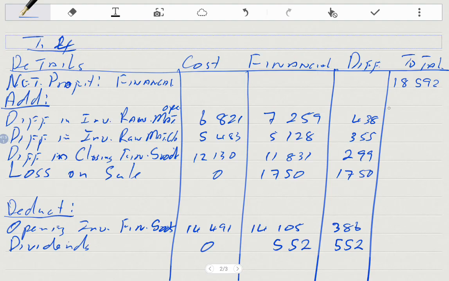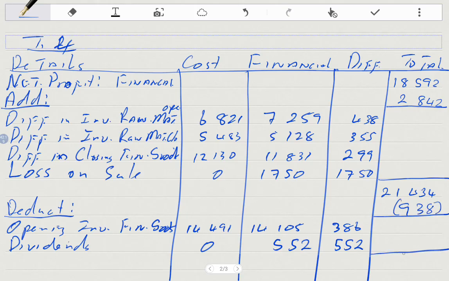That's it. Then the total amount that we're going to add to 18,000 is equal to 2,842. That brings us to 21,434. And what we're going to deduct is 938.